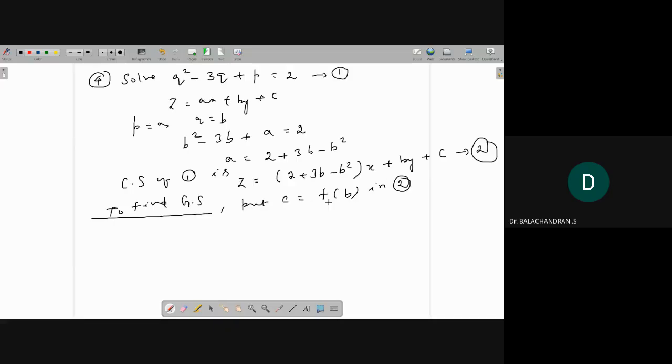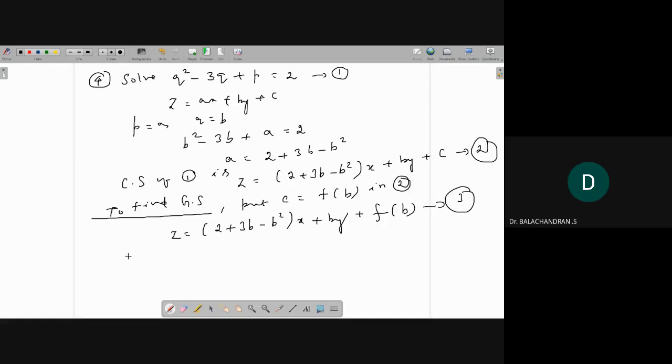So now if you take c equal to f of b, then z equal to (2 plus 3b minus b square) into x plus by plus f of b. This is equation 3.